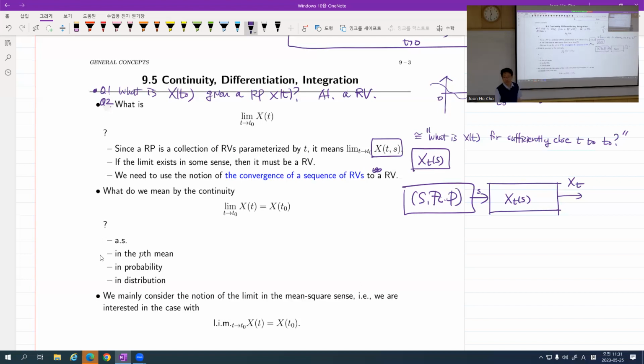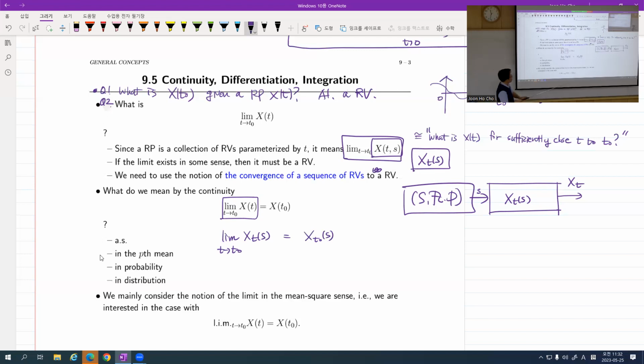That is different from the continuity of a deterministic function at t equals t0, because now you involve what? Not a function, but a random process. So what does this mean? Let's see by using that. Here, this can be replaced as the limit of X of t, s, as t tends to t0, equals X of t0, s.